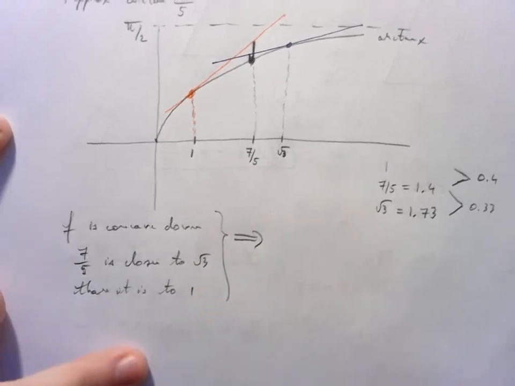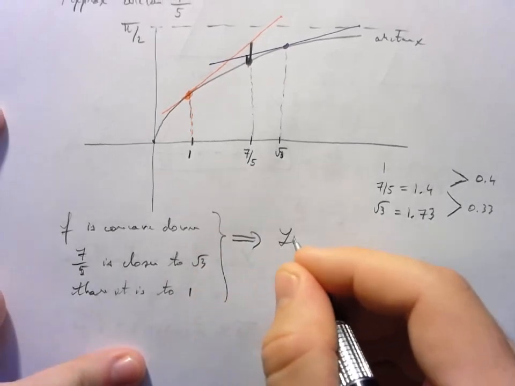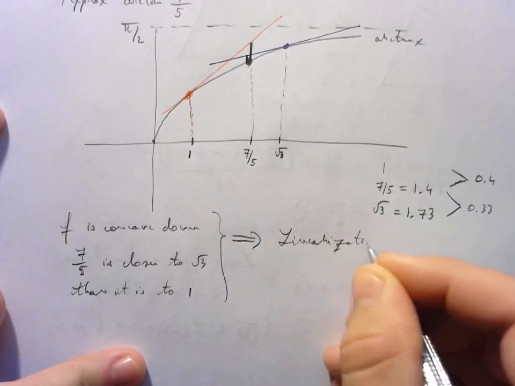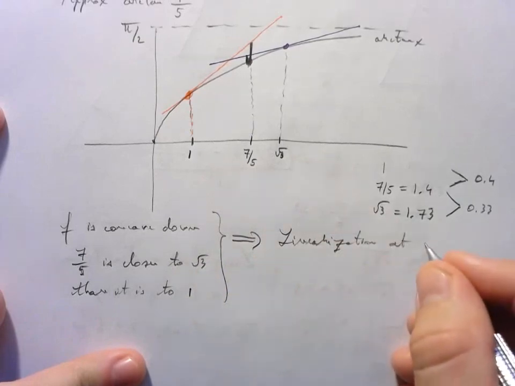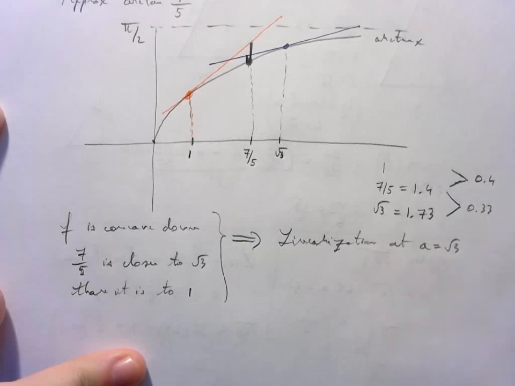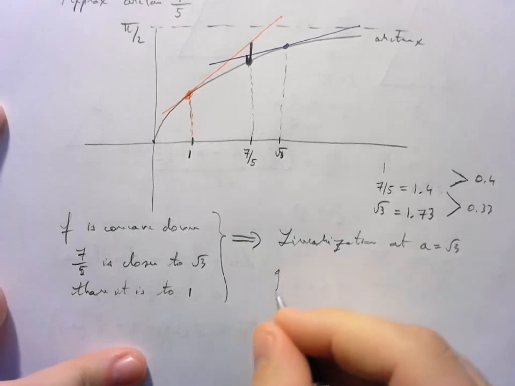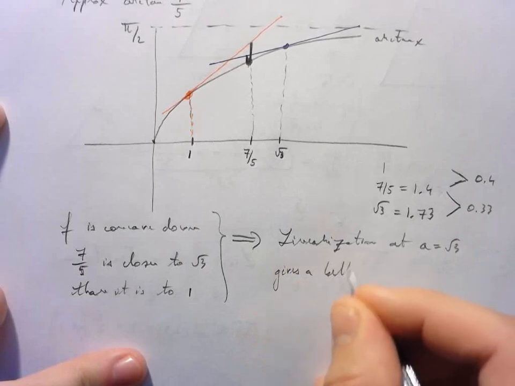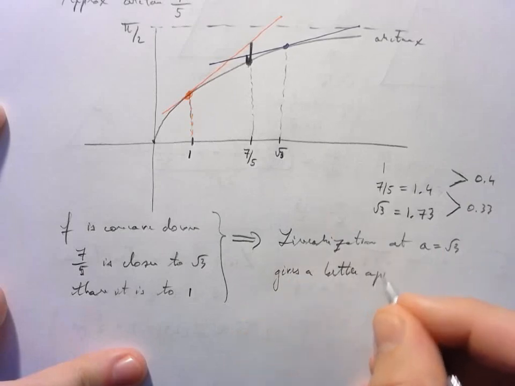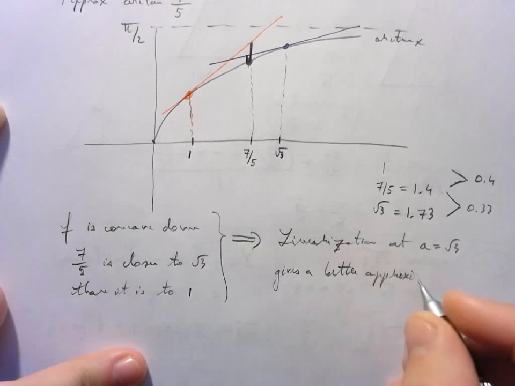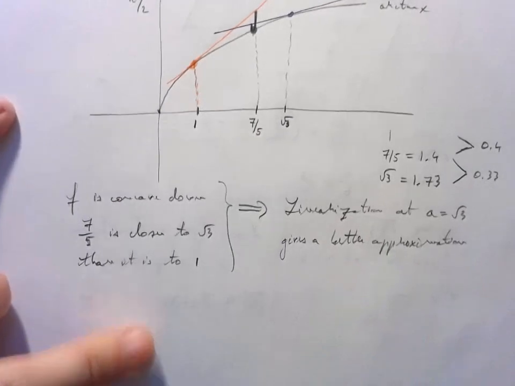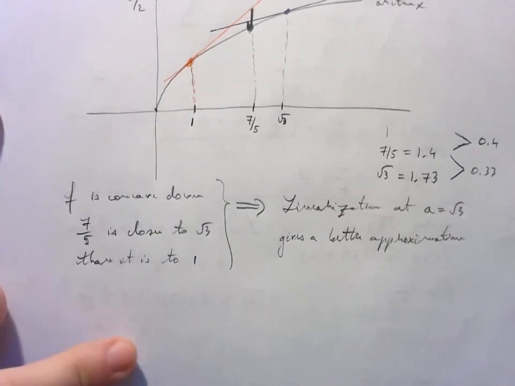Because of these two facts, the linearization at a equals root 3 is going to give us a better approximation. So that's the second part of the problem, and actually that finishes off section 3, which is the derivative section.